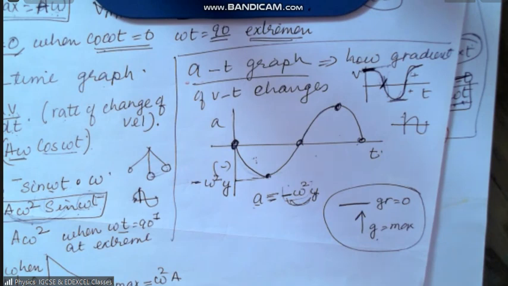What is given in your textbook? Oscillations. Yes, you can see this is actually what you got in your textbook. They started with a cosine function. Okay, these graphs.